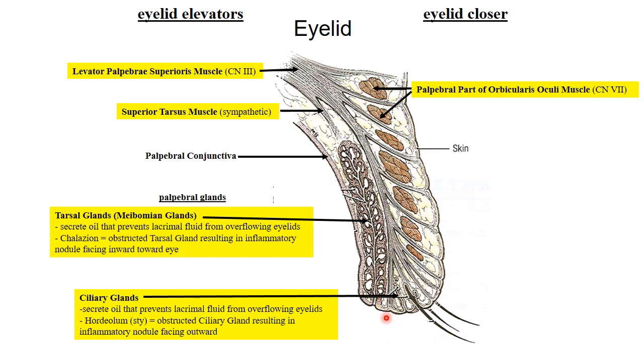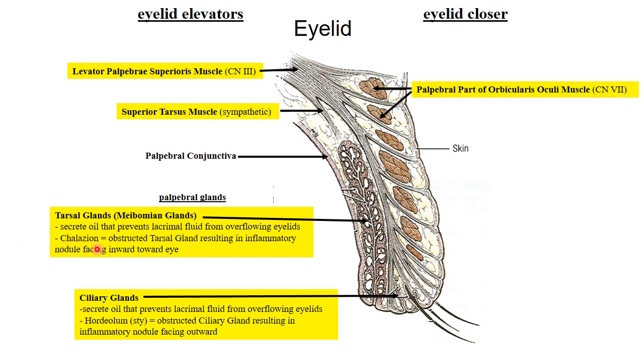Now, the other thing to keep in mind about these glands is that they can get inflamed and they can get basically stopped up and inflamed, and that leads to these two things, chalasia and hordeola. Okay, so tarsal glands, when they become inflamed, we call that a chalasion.